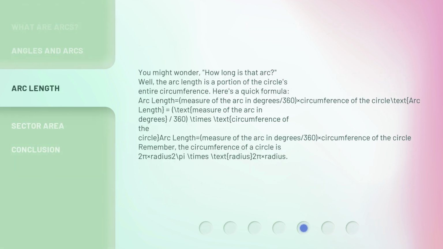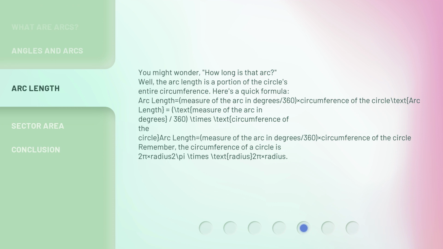You might wonder, how long is that arc? Well, the arc length is a portion of the circle's entire circumference. Here's a quick formula. Arc length equals the measure of the arc in degrees over 360, times the circumference of the circle.